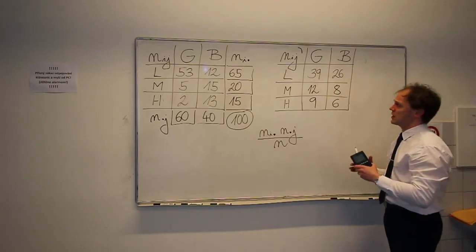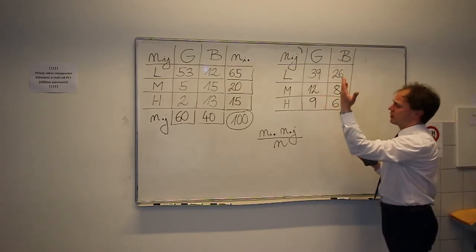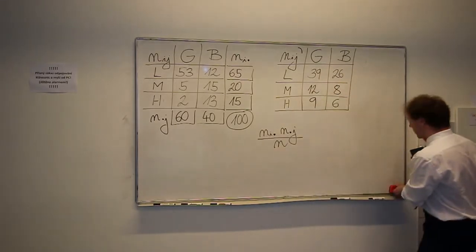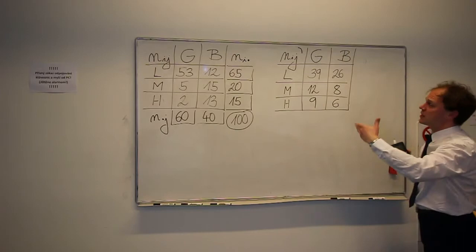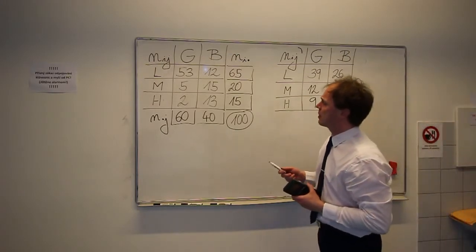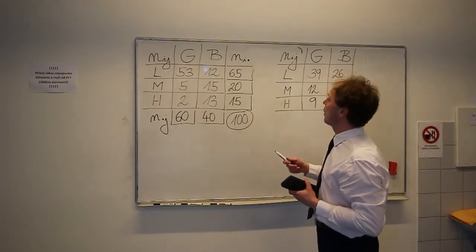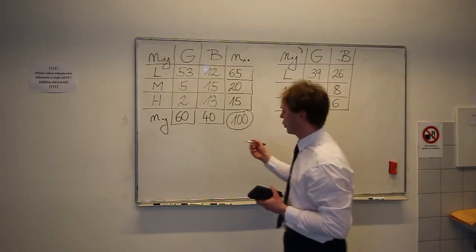This is the table with independent frequencies, expected frequencies, theoretical frequencies: how the situation would look if there were independence between the level of alcohol in the blood and the speed of the reaction.